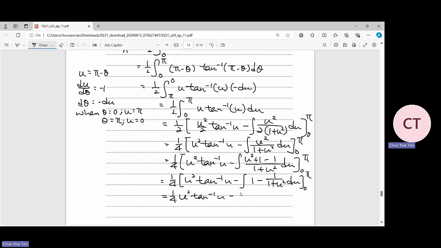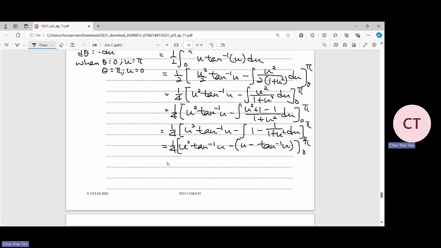So if you go and integrate it, then you will get u minus the arctangent of u, from 0 to pi. Substitute the values inside, then you will get pi squared arctangent of pi minus pi plus the arctangent of pi minus 0 for everything.